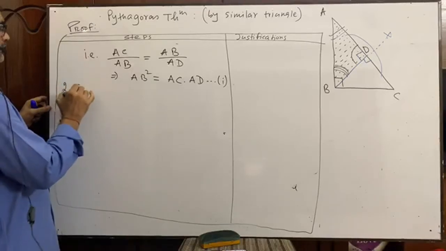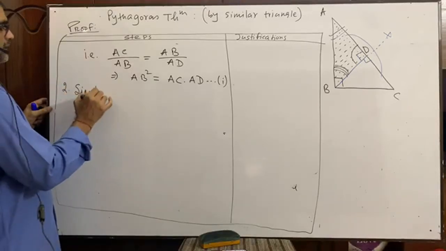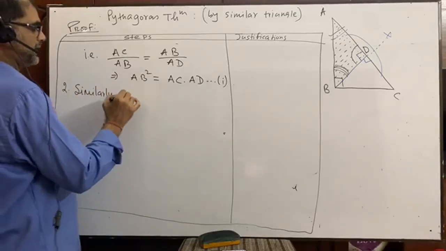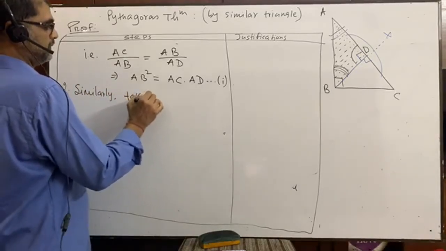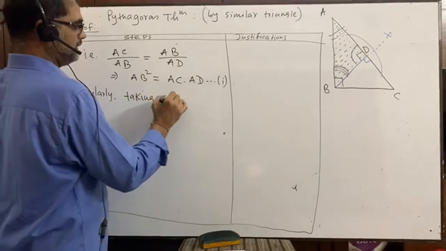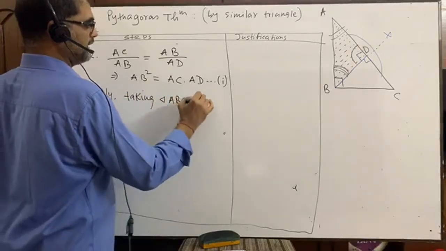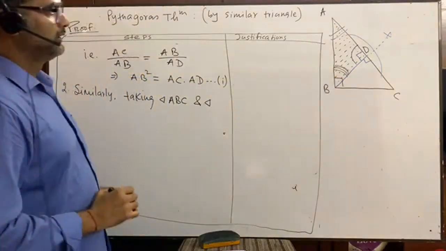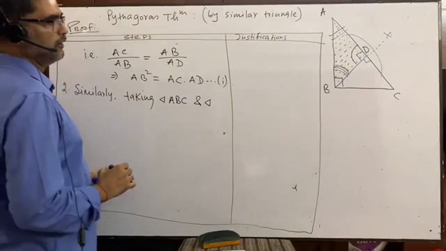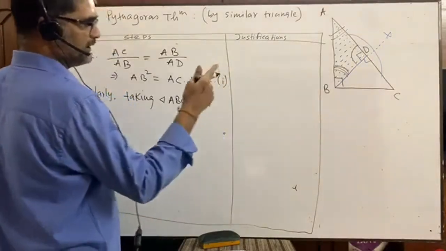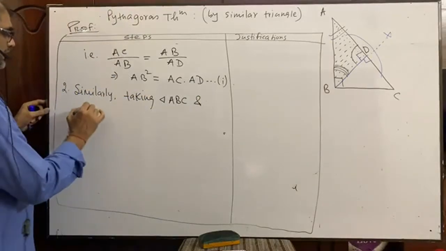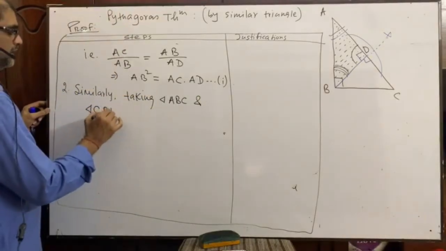Similarly, taking triangle ABC and triangle, now you see this triangle, that was ABD, now you write down CBD, triangle CBD. I am writing here triangle CBD.